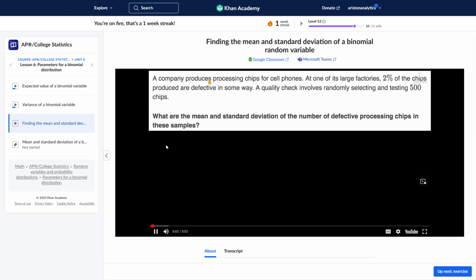We're told a company produces processing chips for cell phones. Okay, we need to calculate mean and standard deviation. 500 chips, 2% defective. Let's try and recall.